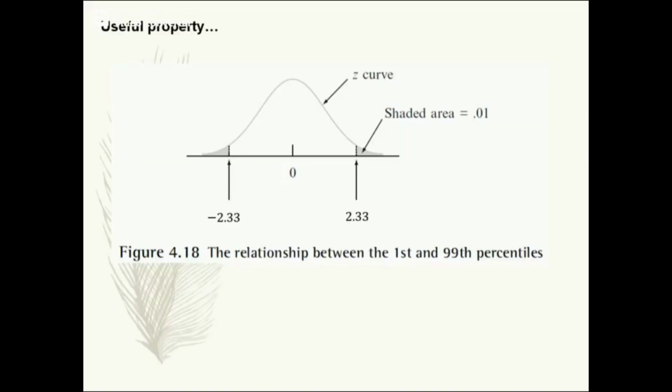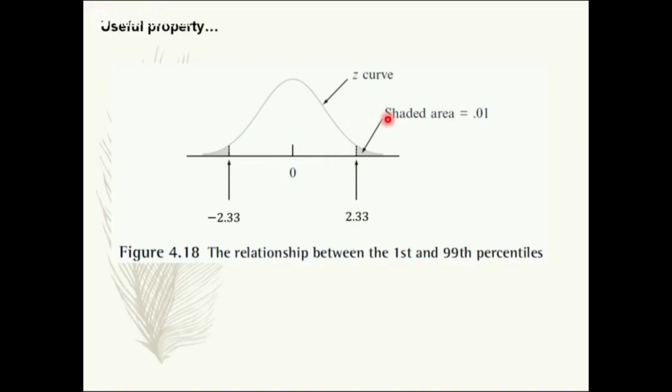I would like to just reflect on the implications of that useful property on percentiles now. Earlier we said that 2.33 was the 99th percentile. The area to the left is 0.99. Now the area to the right, therefore, is 0.01.